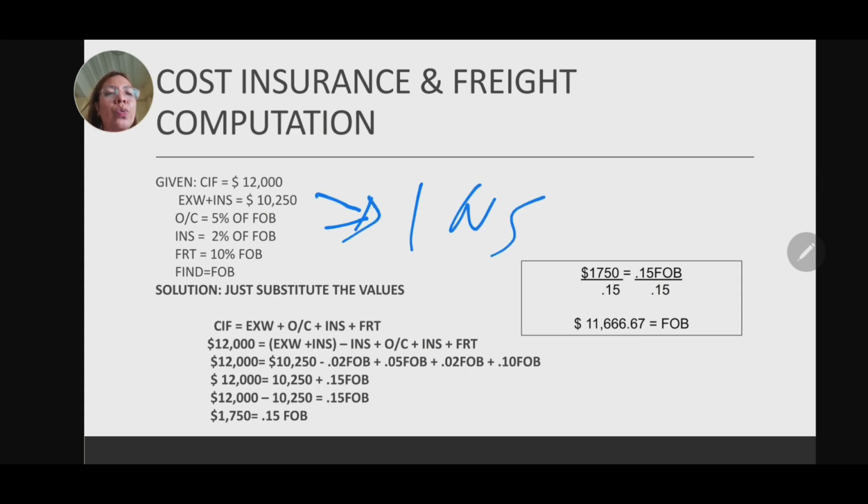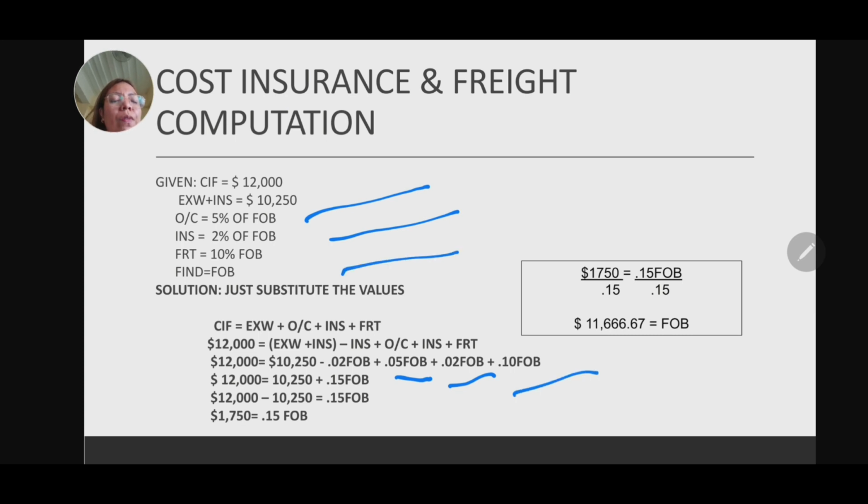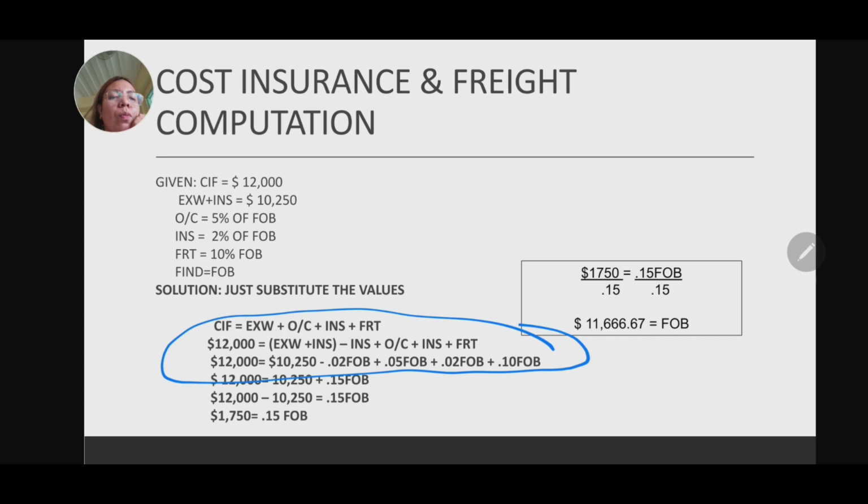So minus insurance, which is 0.02 FOB, plus 0.05 FOB, which is other charges, plus 0.02 of FOB, which is insurance, plus 10% of FOB, or 0.10 FOB, which is our freight. Now that we already have similar terms here, we can compute your FOB.